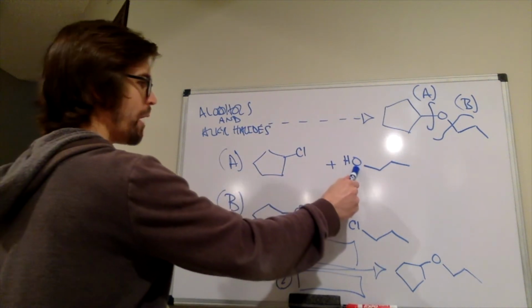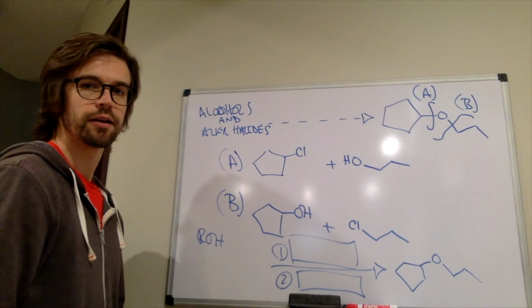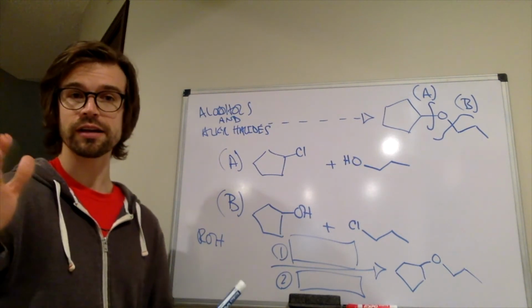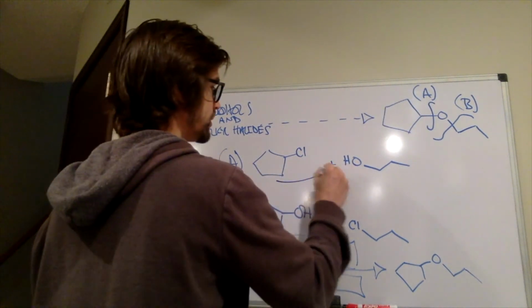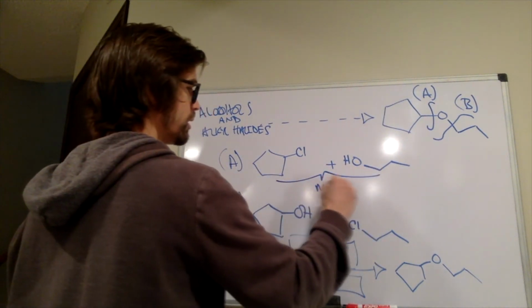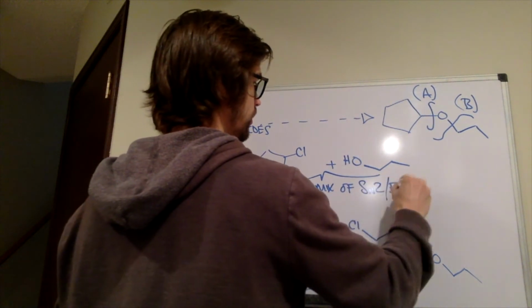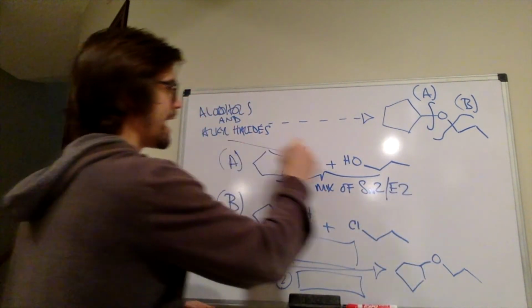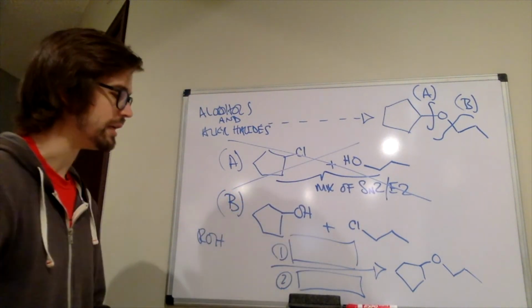A would have the O- reacting with a secondary alkyl halide. Yeah, and secondary alkyl halides with strong nucleophiles, this combination does a mixture of SN2 and E2. So this is not as ideal of a method. The better method is method B.